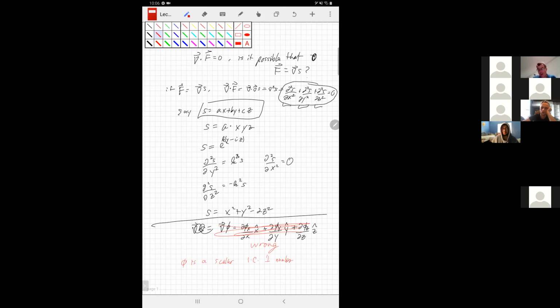Now it's a scalar field, so it could be a different number at every point in space, but still at every point in space, it's one number, not 3 numbers, one number. And that's a very important distinction between a scalar and a vector, a really important distinction that you have to be comfortable with in physics.